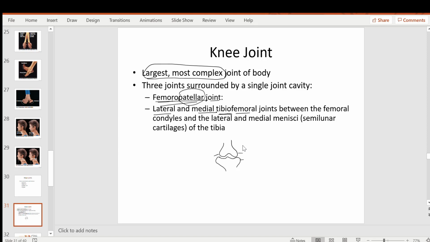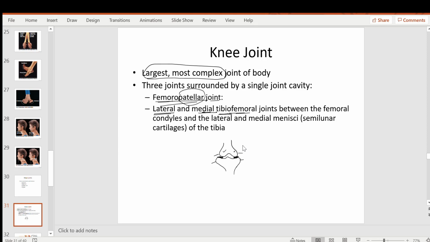So these are two condyles of tibia, the lower bone, leg bone, and these are two condyles of the femur, the upper bone or thigh bone, and they join here and here. So these are lateral and medial tibiofemoral joint.